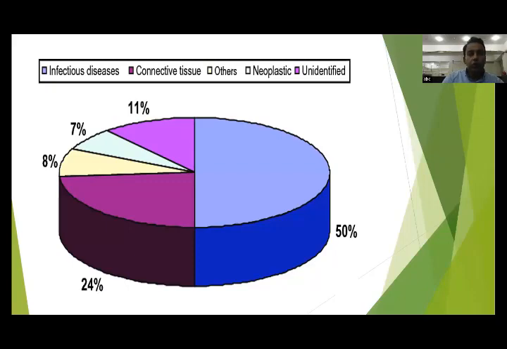These are all connective tissue disorders and the second most common cause of pyrexia of unknown origin. Others: 7% are neoplastic causes, and other 8% are other causes such as periodic fevers or viral infections and familial causes. These are all causes we will discuss later on.